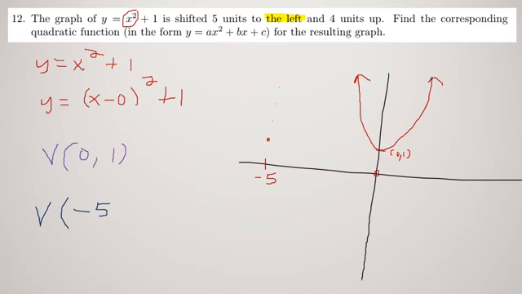So, from 1, magiging ang bagong vertex, 1 plus 4, 5. Right? So, dito na siya. 1 plus 4 is 5. So, dito ang bago niyang vertex. Still opening upwards. So, yan ang bagong parabola.